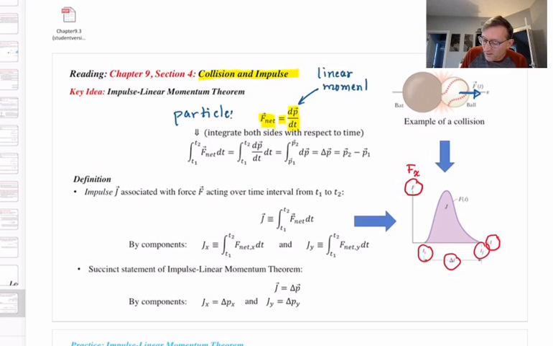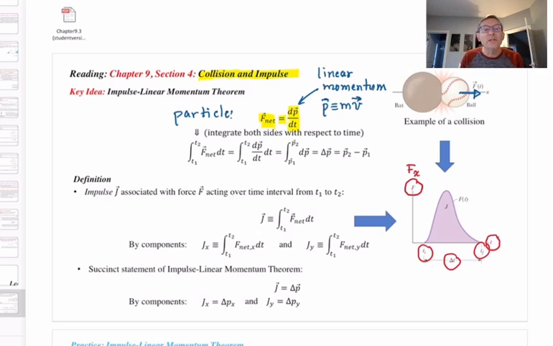In fact, one of the most important physics quantities, it's called linear momentum. It's actually more important than acceleration in physics. Remember, linear momentum by definition for a particle is the mass of the particle times its velocity vector. Definitely linear momentum is a vector quantity.